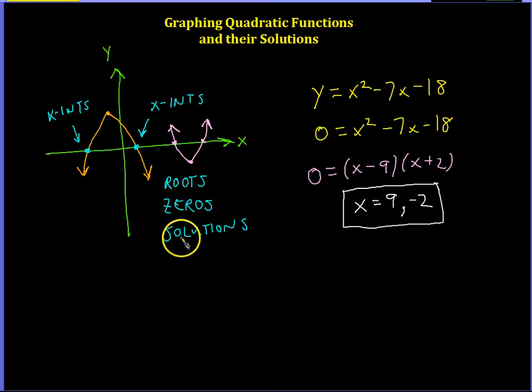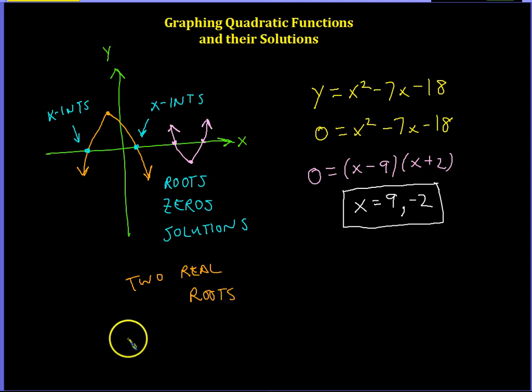Now it turns out we do have other types of parabolas. They don't always cross the x-axis twice like this. But when they do cross the x-axis twice like this, we do talk about the number of solutions in a special way. We say that in this case we have 2 real roots.